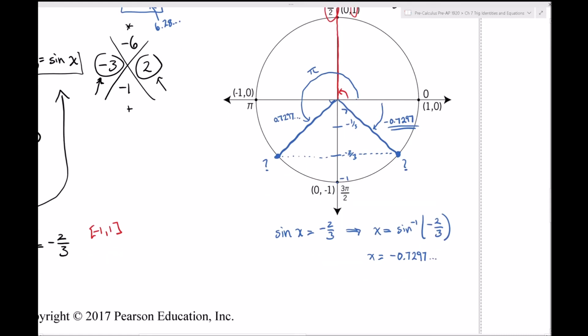So one of my answers, x equals pi plus 0.7297. And we remember, pi, if you plug it in the calculator, it's about 3.141 something something. Keeps on going. So that's one of my answers, and we'll go ahead and type that into the calculator right away.